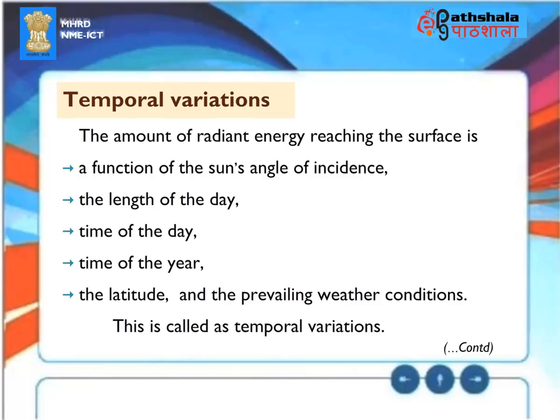The amount of radiant energy reaching the surface is a function of the sun's angle of incidence, the length of the day, time of the day, time of the year, the latitude, and the prevailing weather conditions. This is called as temporal variations.